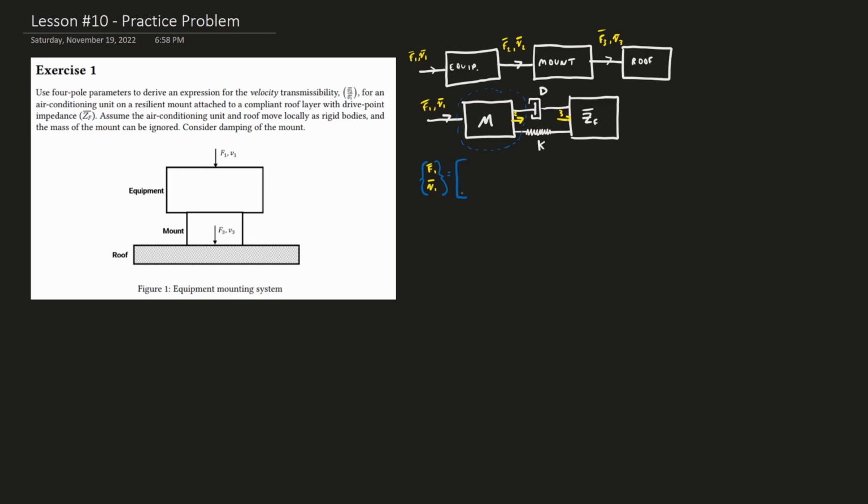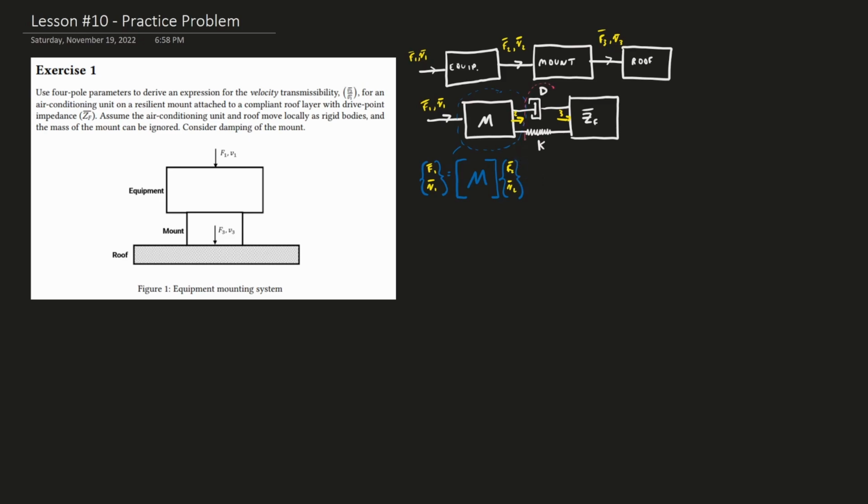We don't need to get super into the details yet, so instead I'm just going to draw this mass matrix as a giant M in our formulation, and then later we'll go in and actually substitute the four-pole parameters. But to keep things simple now, we'll use these big letter abbreviations. And then that will equal the mass matrix multiplied by the output vector here, which is going to be our F2 V2 term. Okay, that's our mass.